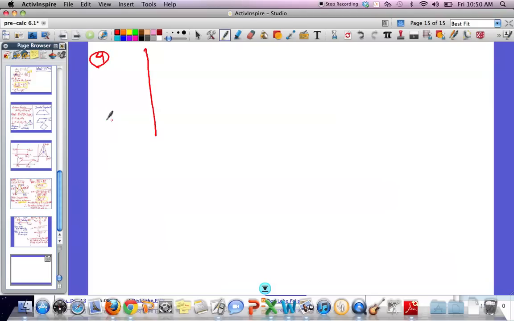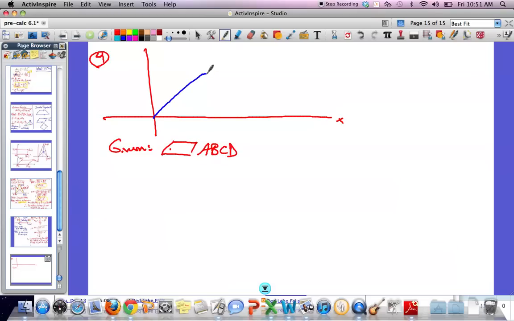Number 4. You're given parallelogram ABCD. So I need to sketch it on here. Personally, this is the type of parallelogram that I like to use.